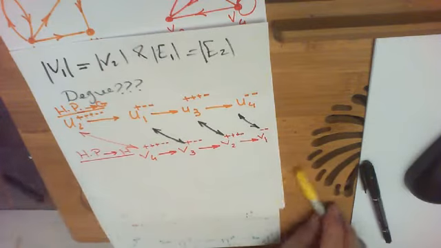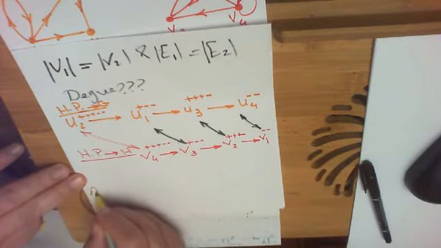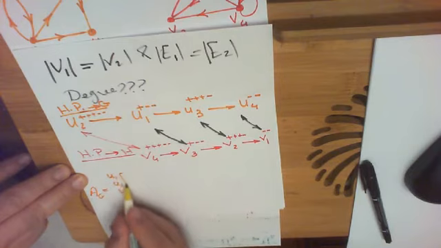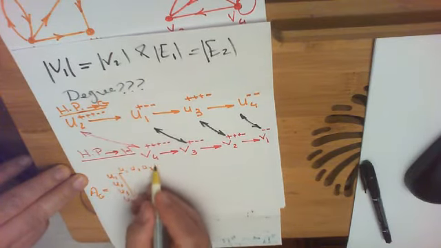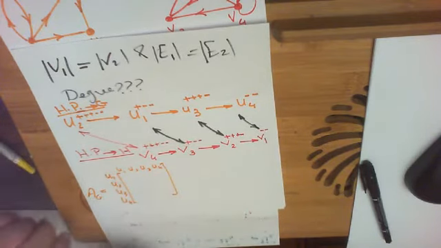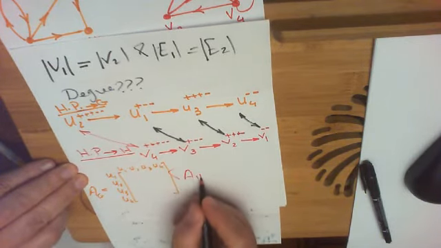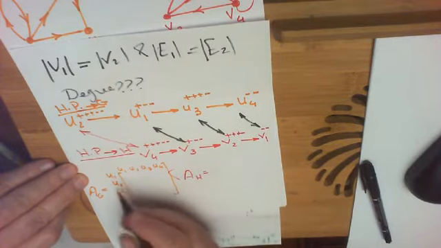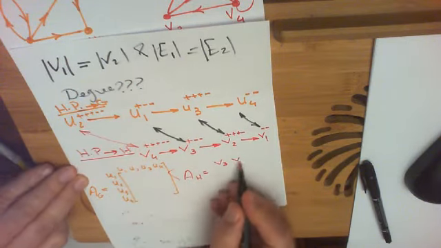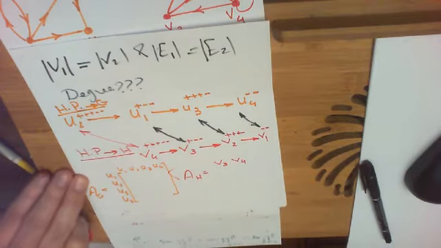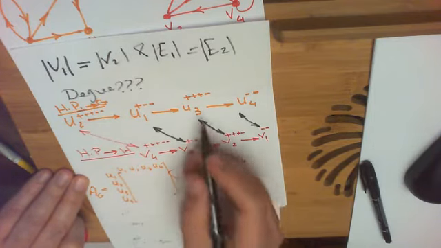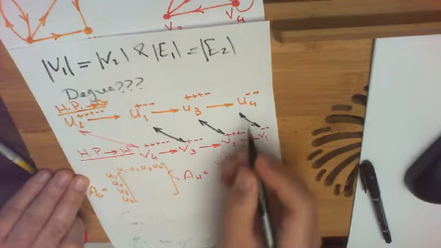So if you want to write the adjacency matrix of graph G, you write U1, U2, U3, U4, and for the adjacency matrix of H you write U1 corresponding to V3, U2 corresponding to V4, U3 corresponding to V2, and finally U4 to V1.